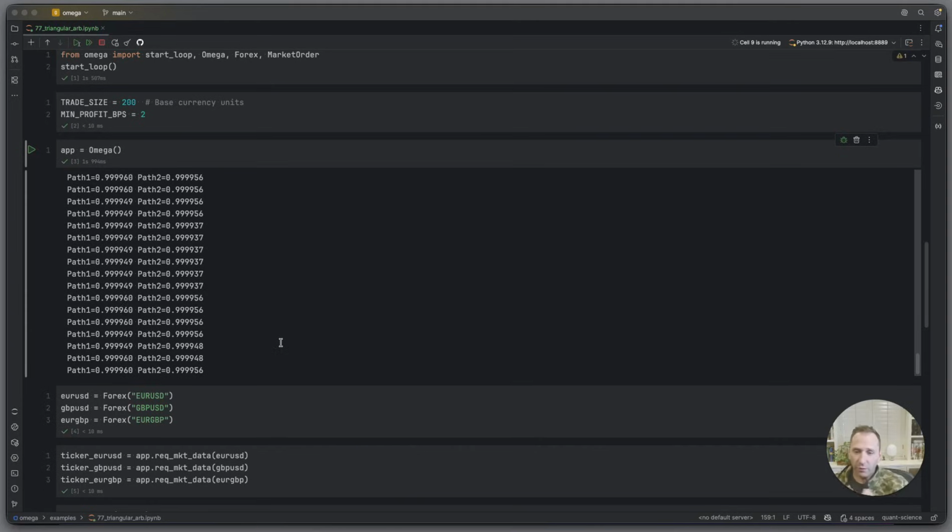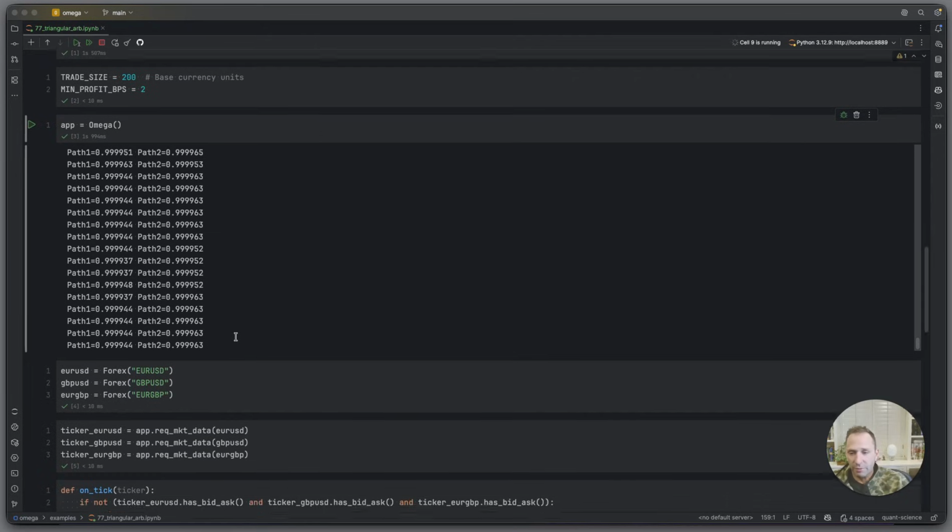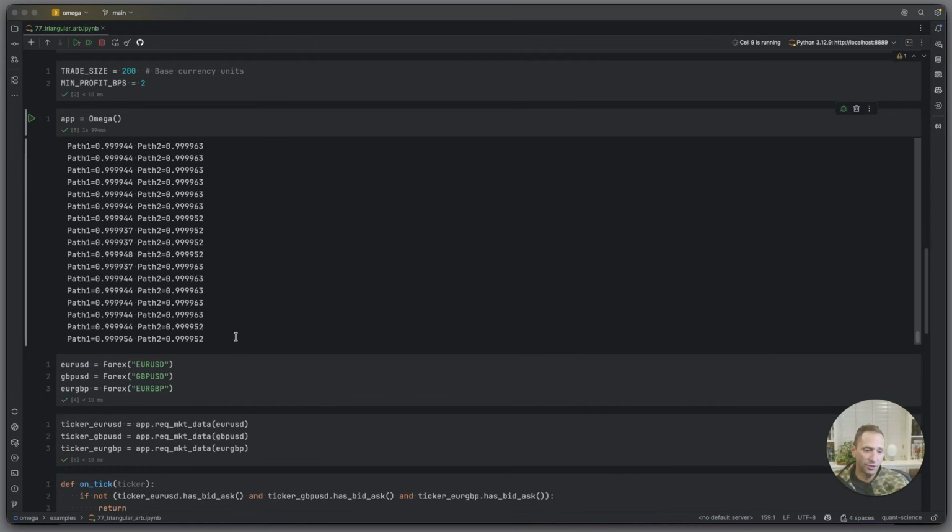So we're waiting for 50 or so pips for these currencies to move, to enable us to capture the arbitrage. But the point is, this will just sit here all day. You turn this on in the morning and you just let it run, and that's exactly the way we're doing this. It's just sitting here looking for this arbitrage opportunity. This is the event-driven nature of the application. It's just running and streaming data into the application and looking for this arbitrage opportunity.